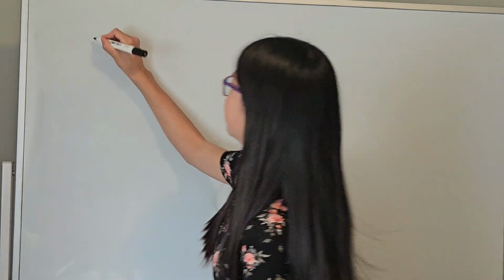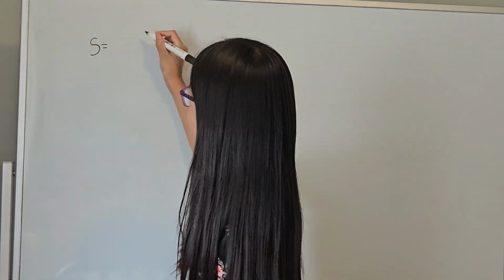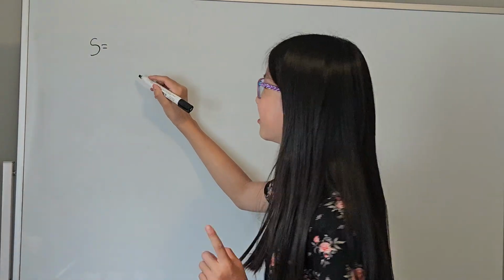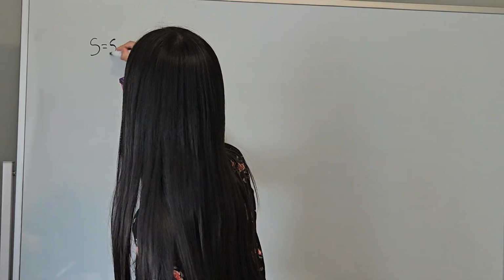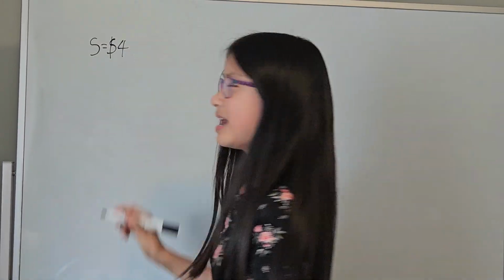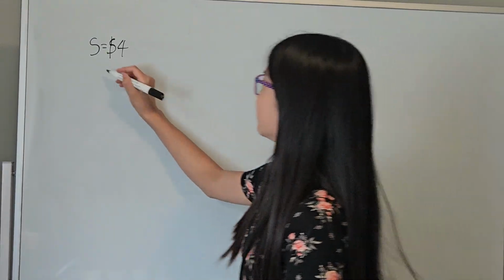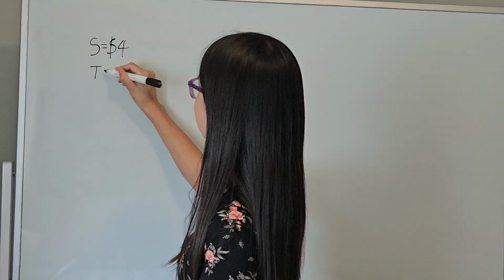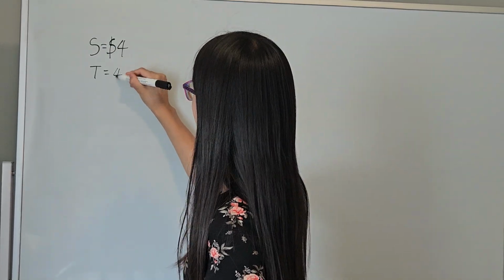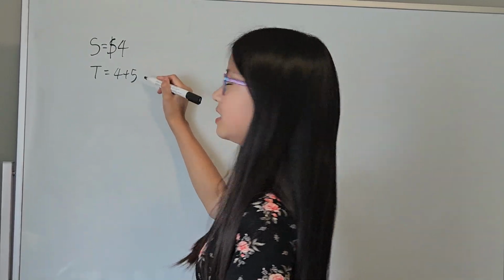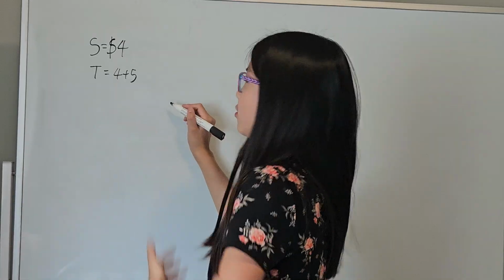A pair of socks is $4, so I can write it down: S for socks equals $4. And then it said that t-shirts equal $5 more than socks. So T for t-shirt equals 4 plus 5, since it's $5 more than socks and socks are $4.